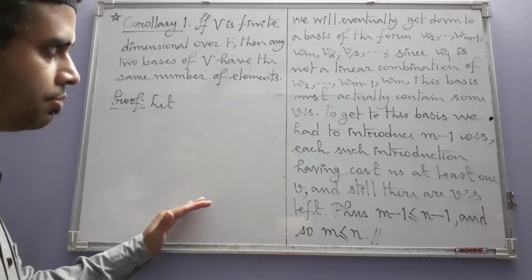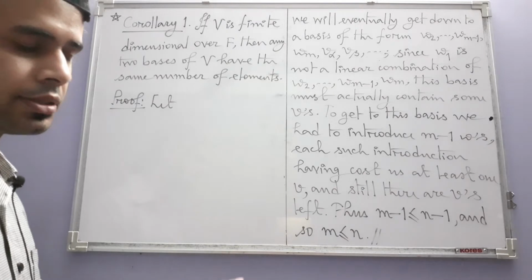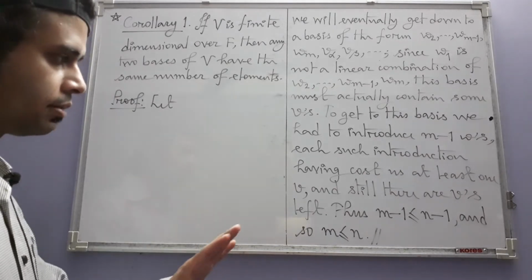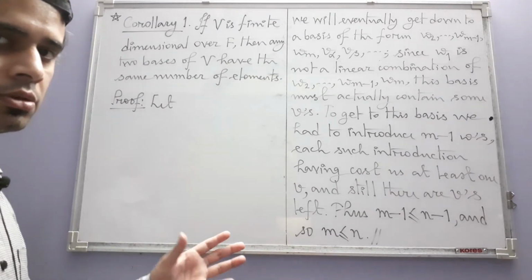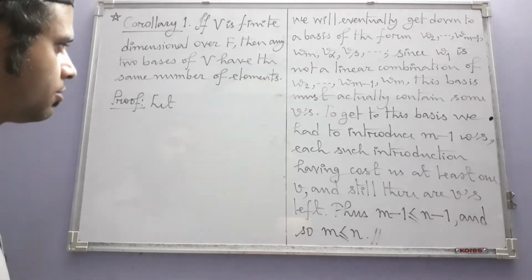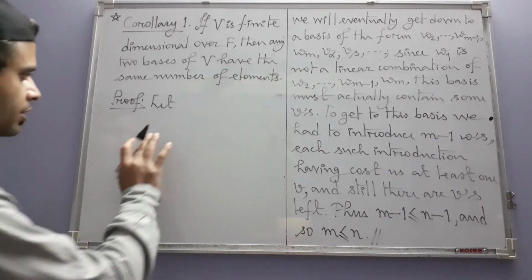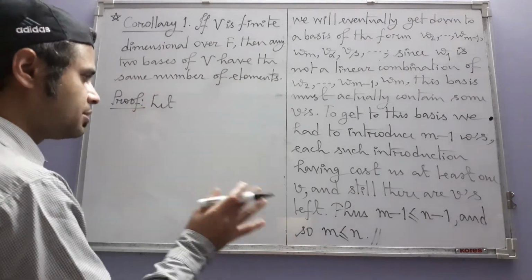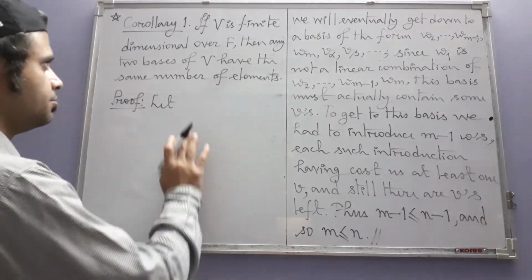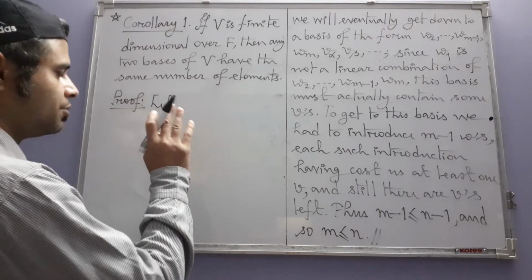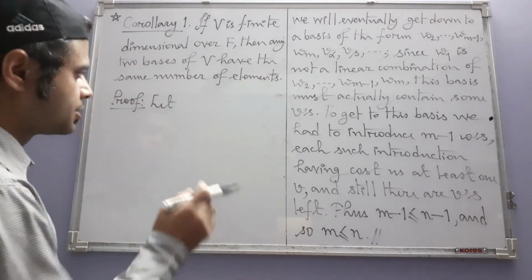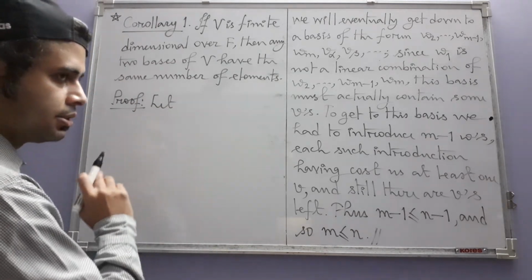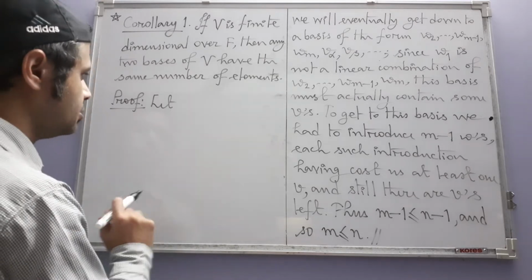Then we saw through our analysis that this ultimately comes down to having a finite basis. So we can start with having a finite basis, and we will now take two finite bases and show that they have the same number of elements using this lemma.